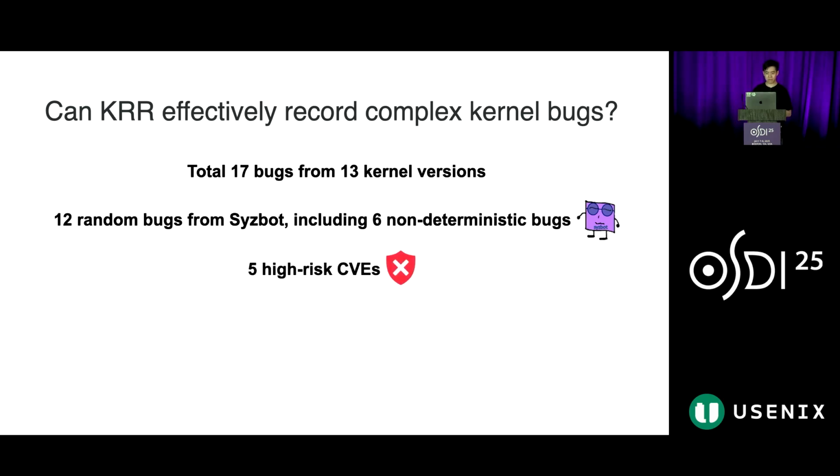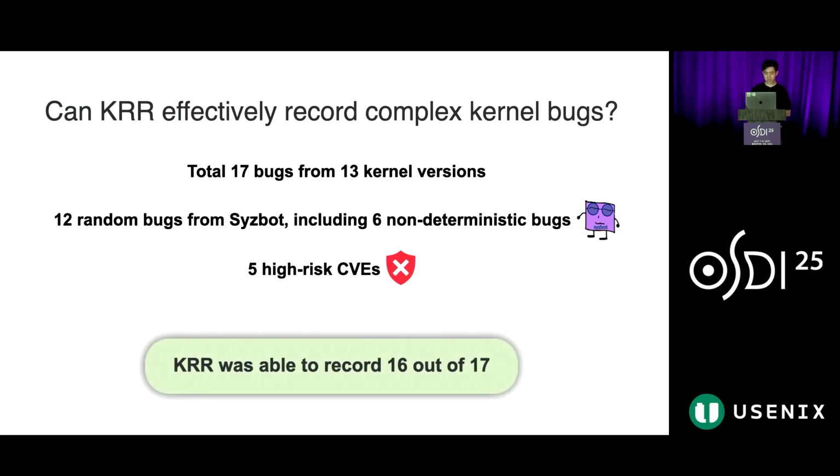We also ran another 5 high-risk CVEs. The results show that KRR was able to record 16 out of the 17. The one left requires the parallelism among multiple cores in the kernel mode, which is prevented by KRR's serialization approach.